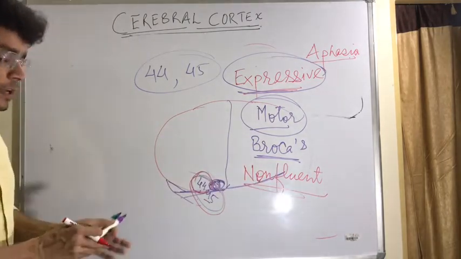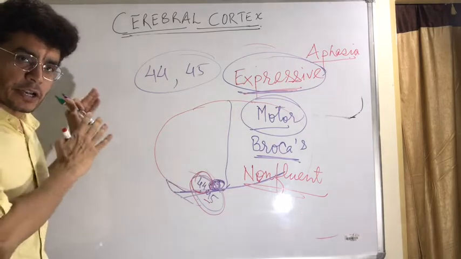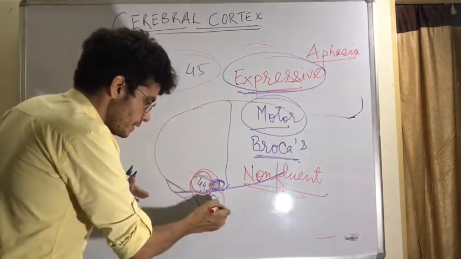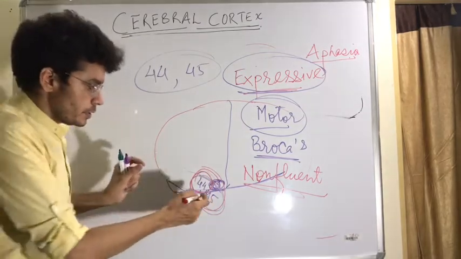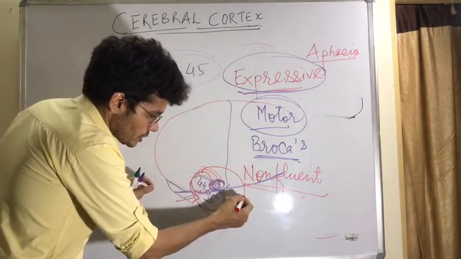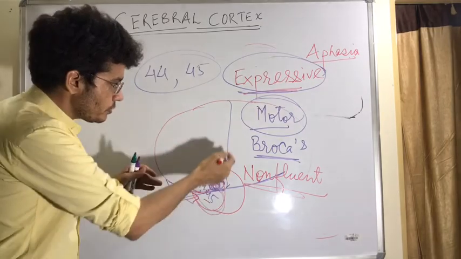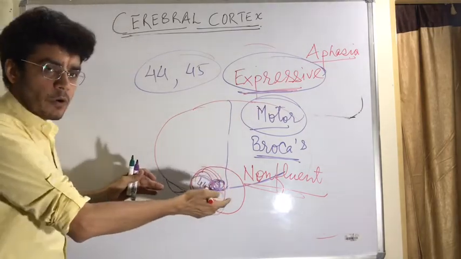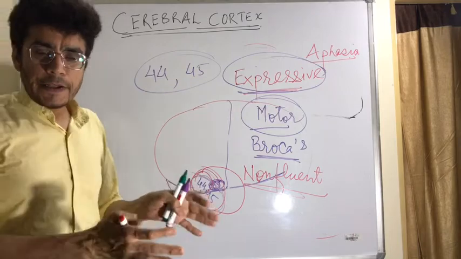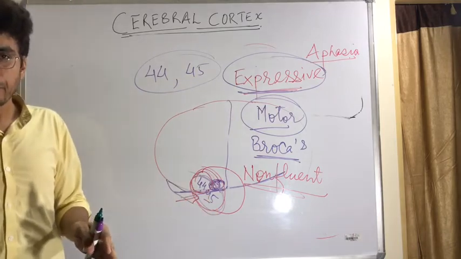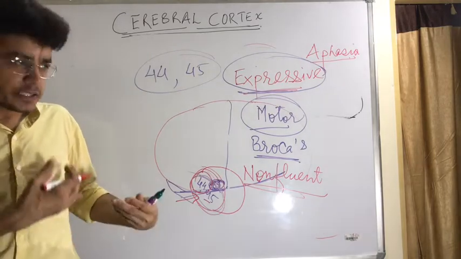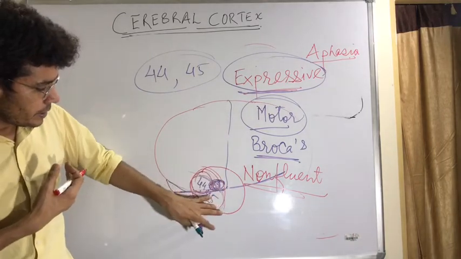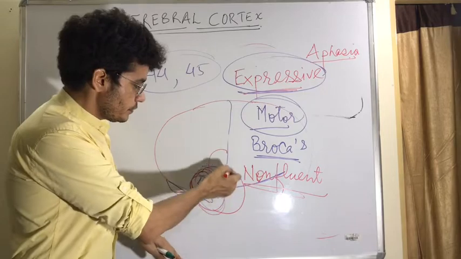And similarly, like we talked about the frontal eye field, if this area's blood supply is compromised, this is a very small area. So if the almost adjoining area of the motor cortex also gets involved in the blood supply, then that person will have paresis of the contralateral side.